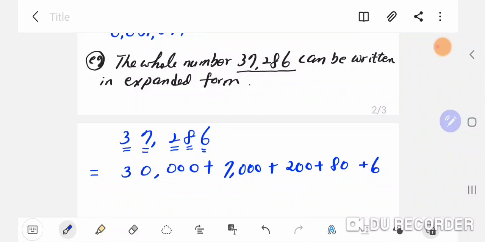Since there are 5 digits, we should have 5 numbers added together. The number 3 is 10,000, so write down 3 and put zeros for the rest of the digits. For this 7, put 7 and put 3 digits on the right, and so on. So this is the expanded form.